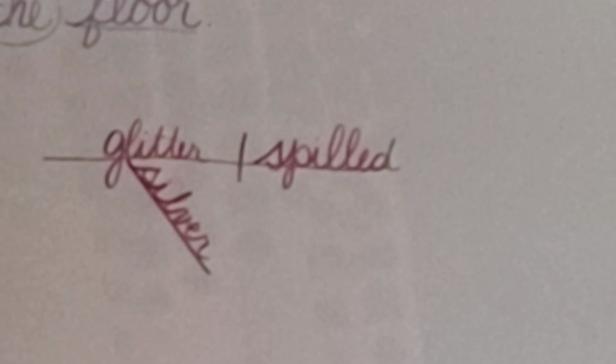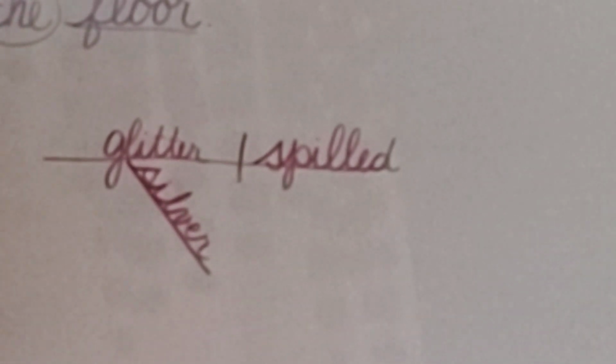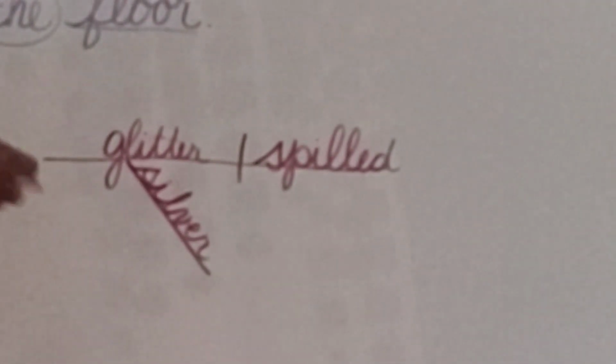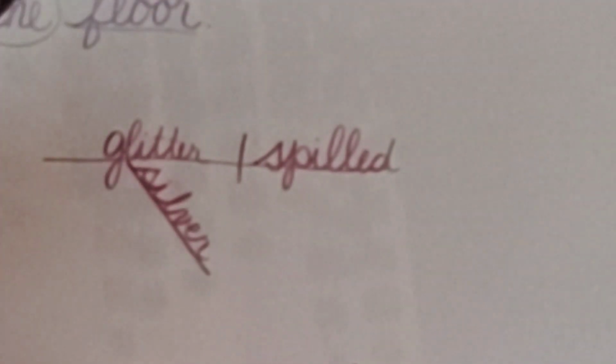Now, let's say we had a sentence with more than one word describing glitter. So let's change our sentence to: the sparkling silver glitter spilled on the floor. We would still have spilled as our verb, obviously, and then put your little vertical line in front.